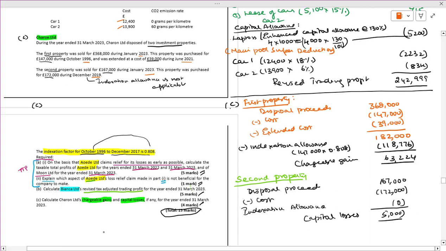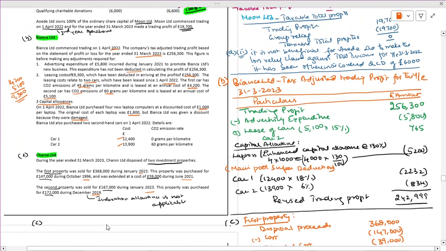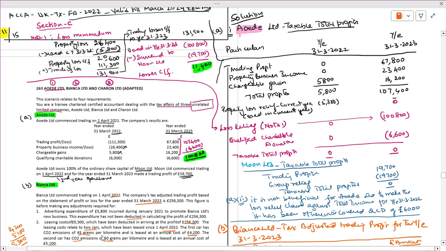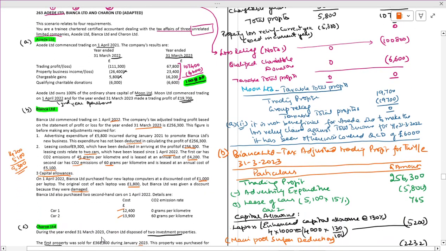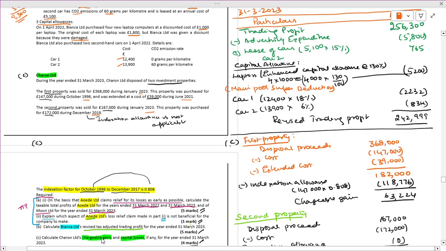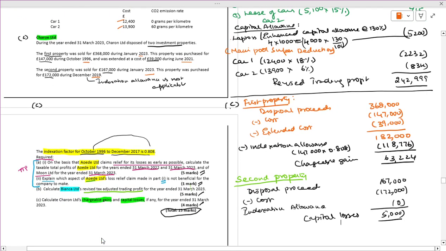This much you have to do. All three are separate cases, independent, isolated situations. According to that, we have to work out slowly and steadily. If you still have any doubt, please let me know.